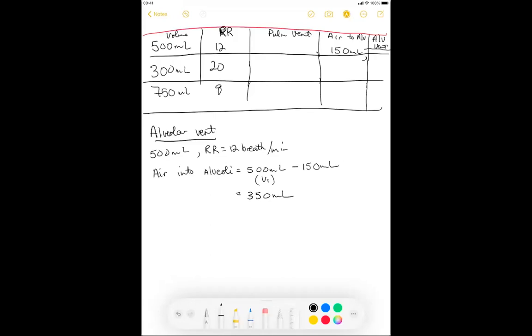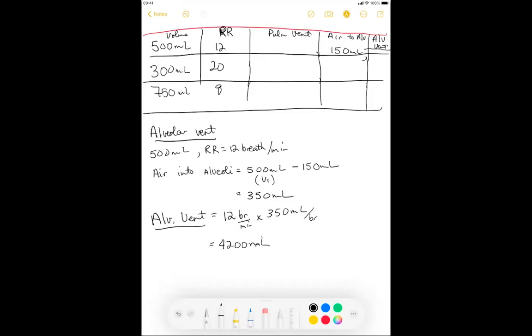So if we get our alveolar ventilation, that will be equal to 12 breaths per minute times 350 mils per breath. If we work that out with our calculator, 12 times 350 is 4,200 mils.